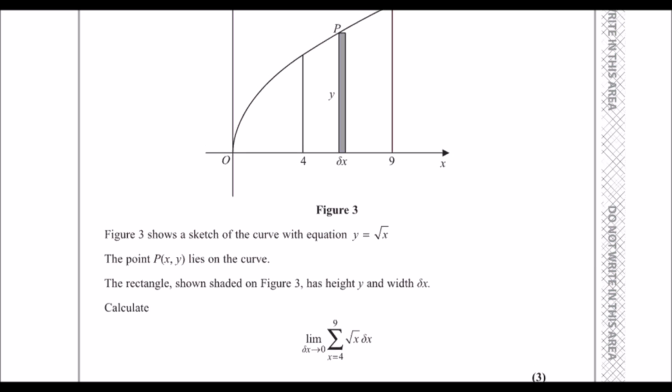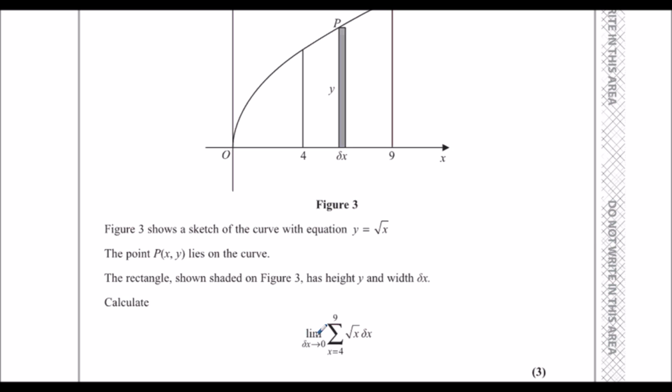Calculate the limit as delta x gets closer to 0 of the sum of all the root x's times delta x's, so the sum of all of these rectangles here, between 4 and 9. So it is saying find the area under the curve between 4 and 9.